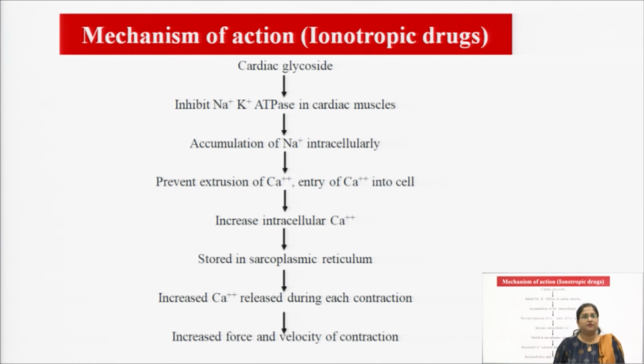And so, what will happen? There will be an increase in calcium ions intracellularly as well, which are ultimately stored in the sarcoplasmic reticulum, and the stored calcium ions in the sarcoplasmic reticulum will increase the contraction power of the heart, and the velocity of the contraction will be increased ultimately.